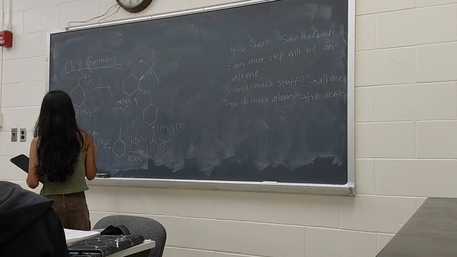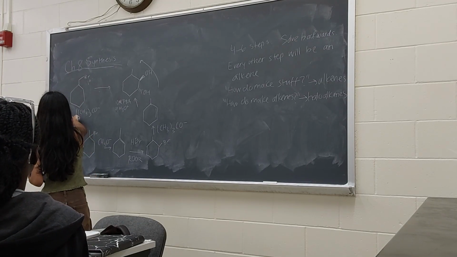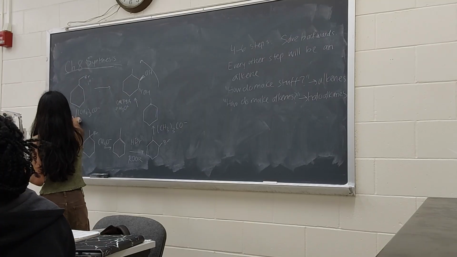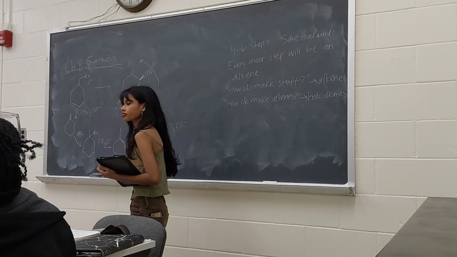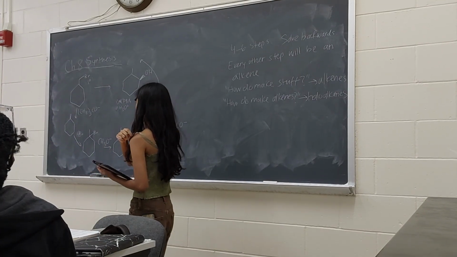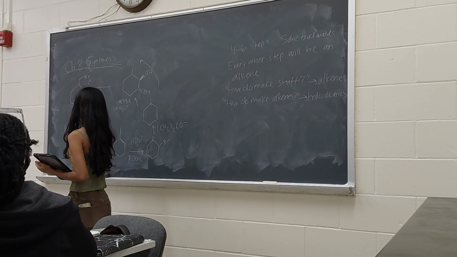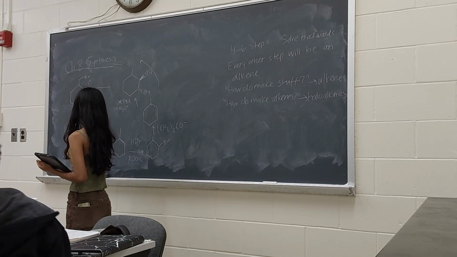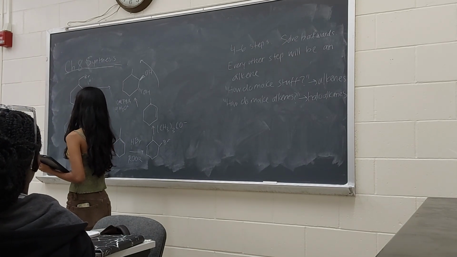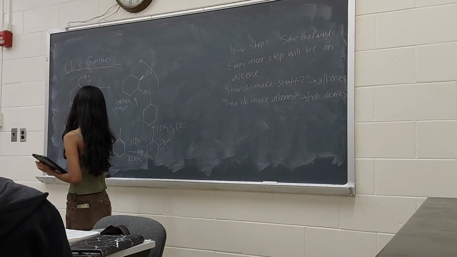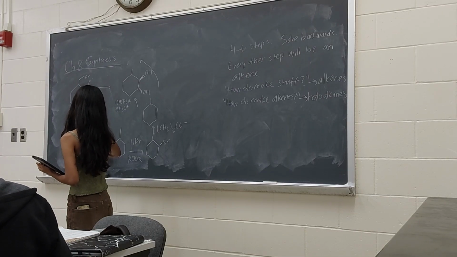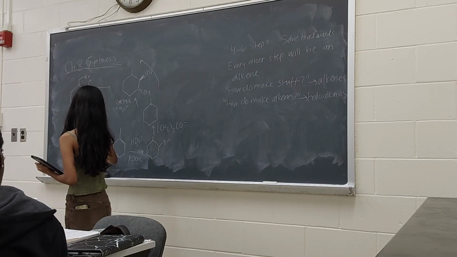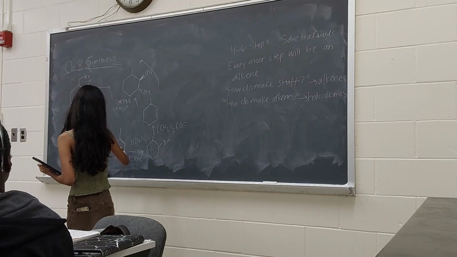So primary, bulky base, we'll add an alkene here. And then adding HBr will be Markovnikov addition of bromine. And then small base will be alkene Zaitsev.